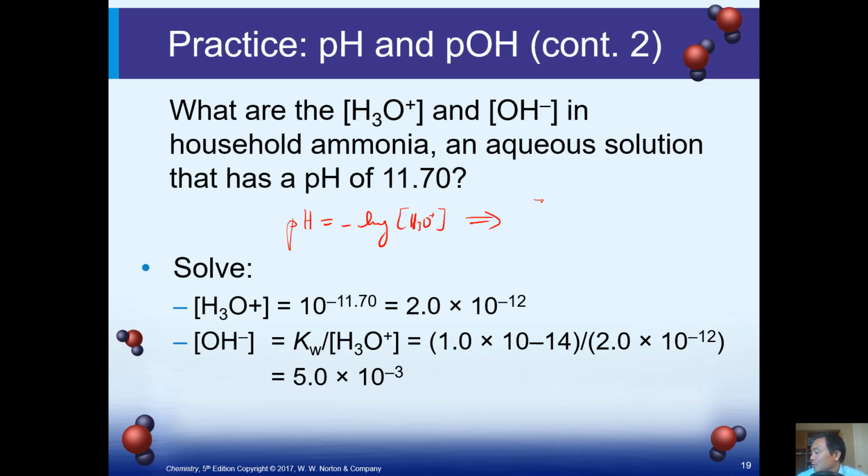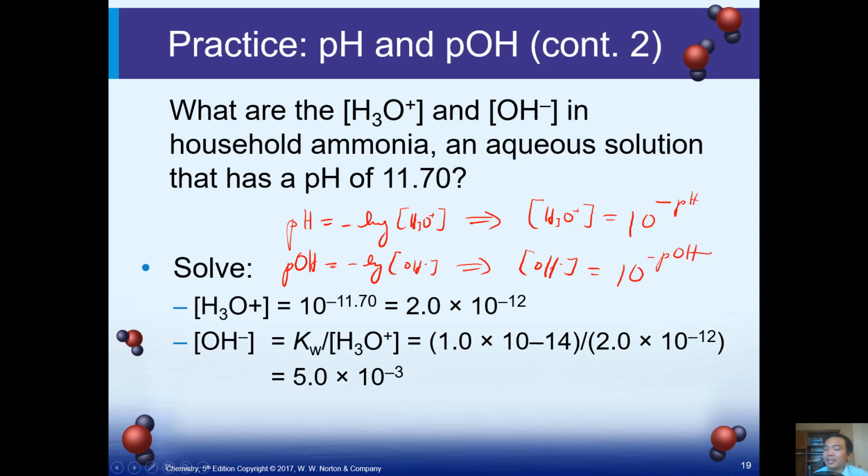So mathematically, you should know hydronium ion concentration is 10 raised to negative pH. Similarly, for pOH, the hydroxide concentration would be 10 raised to negative pOH. So that's what we use to do the definition for the hydronium ion concentration, and the unit is molar.